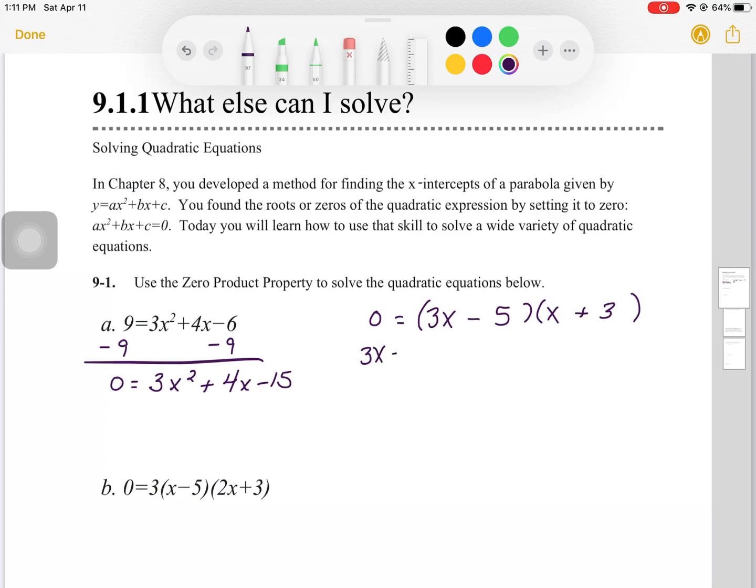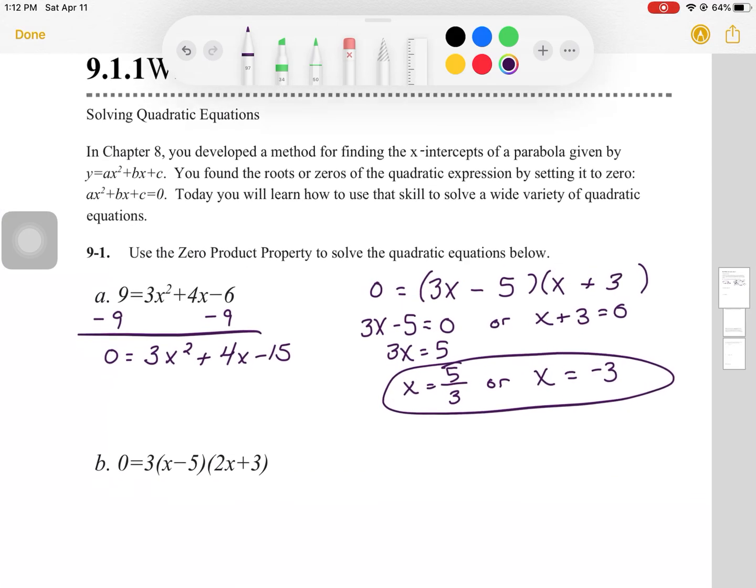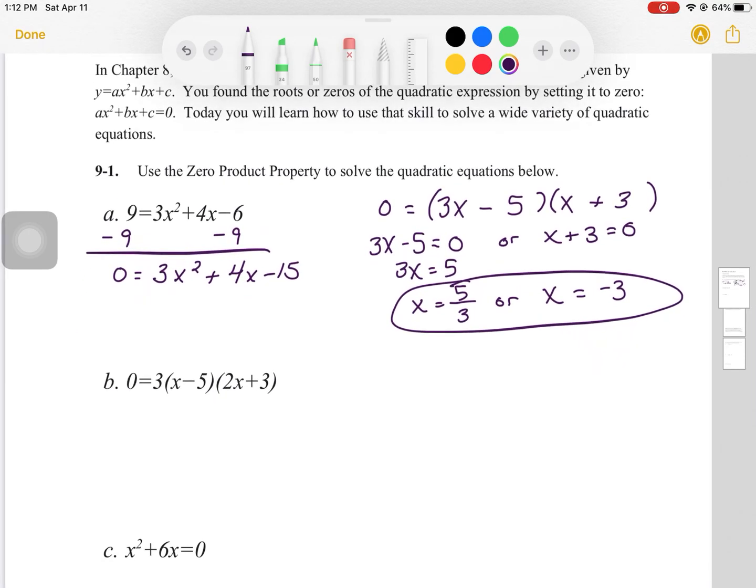So here we have it in factored form, and the zero product property would say that we'd take each one of these and set them equal to 0 to find our 2 roots. So 3x equals 5, so x is 5/3. I'm going to leave it like that since it's a repeating decimal, or x is -3. And there are our solutions to that first quadratic equation.